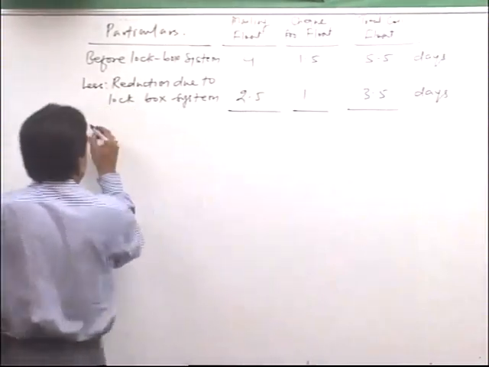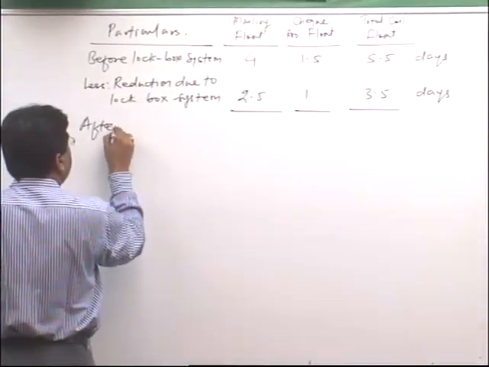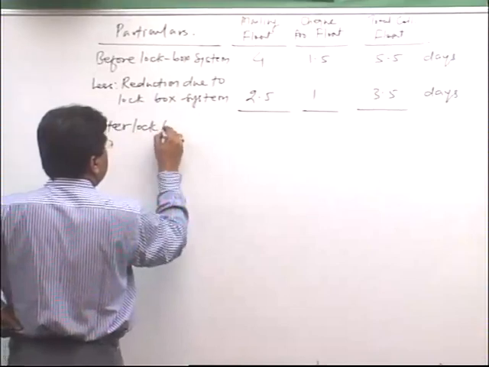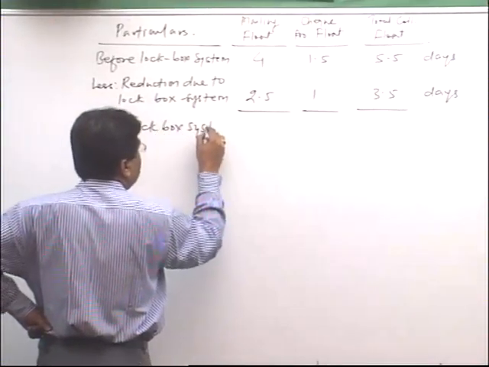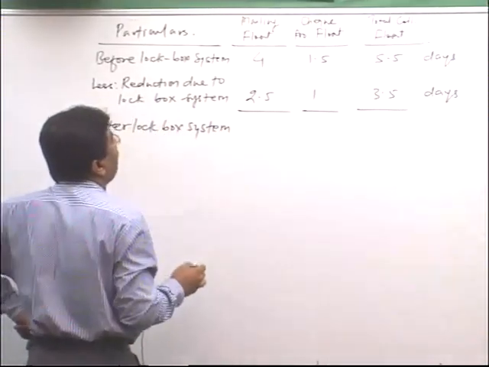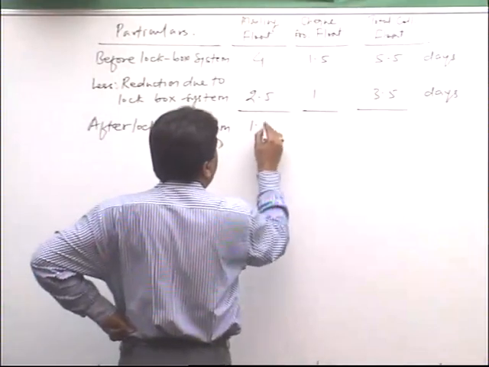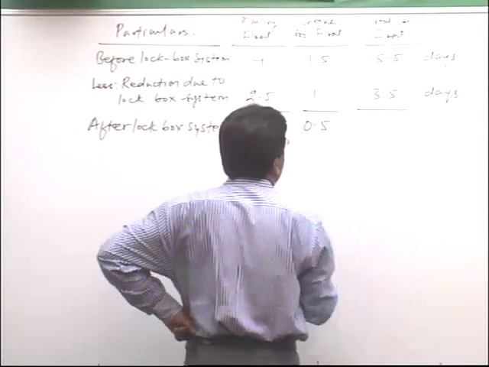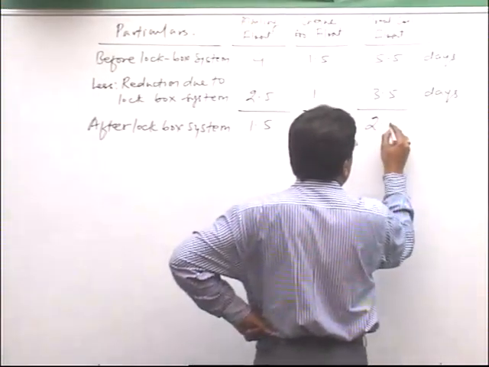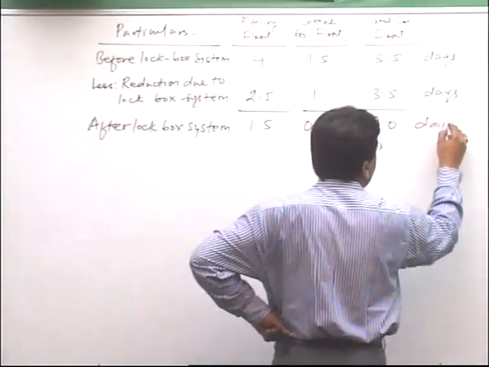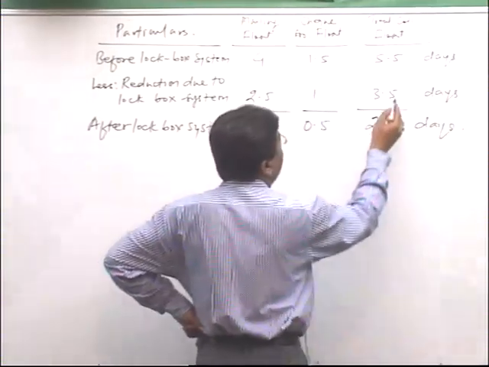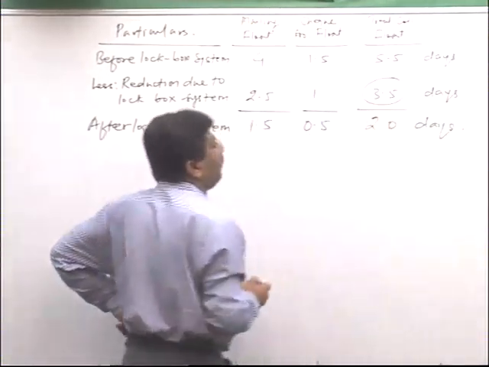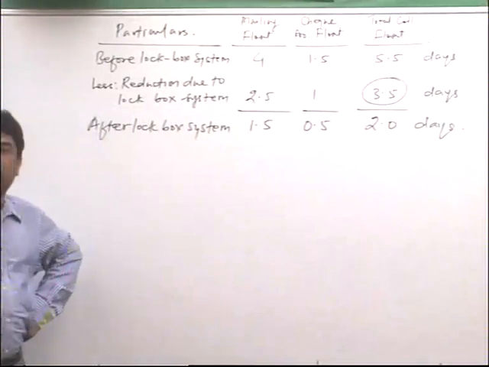So, after lockbox system is adopted, the mailing float will be of only 1.5 days, check processing float will be of only half day and total float will be of 2 days. So, there is a total reduction of 3.5 days in the collection float.